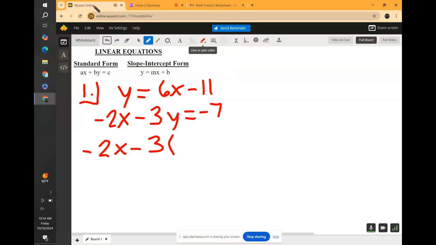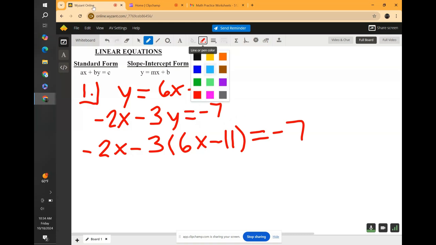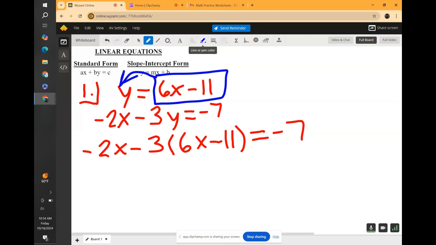We're going to substitute it in. 6x minus 11, and that equals, we got to remember the other side too, negative 7. So again, all we've done is take this that they defined as y equals that, and throw it into the other equation where there's a y.